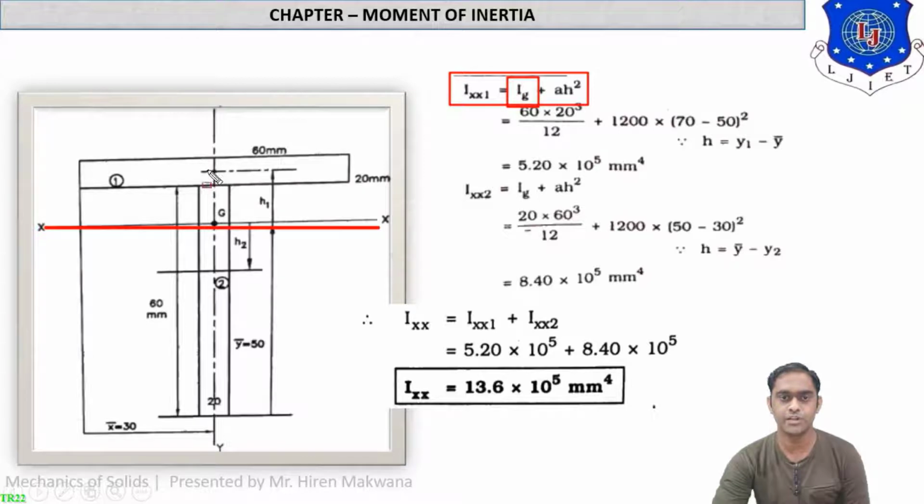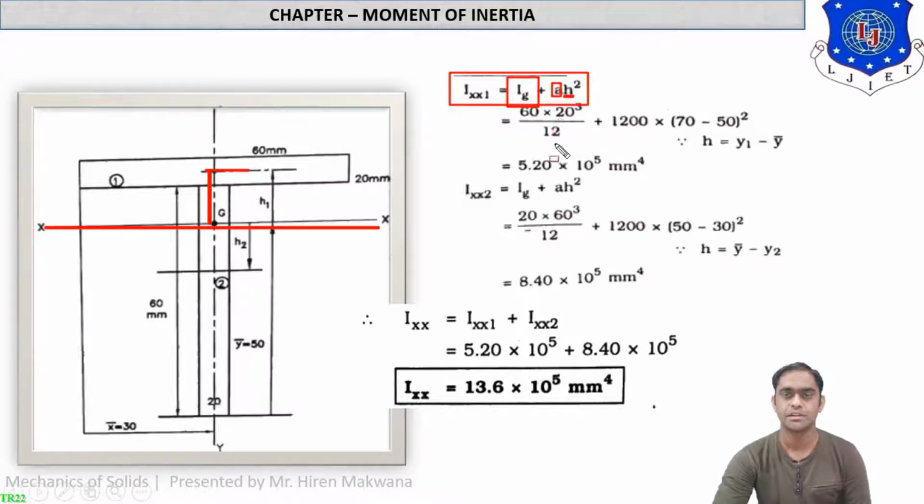Ig means moment of inertia about the centroidal axis of part 1. Then H will be the distance between these two axes as shown in the figure. Which two axes? The centroidal axis Xx and the centroidal axis of part 1. So the distance between these two axes is known as H. A means area of part 1.